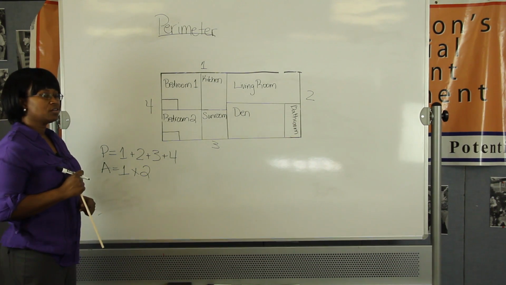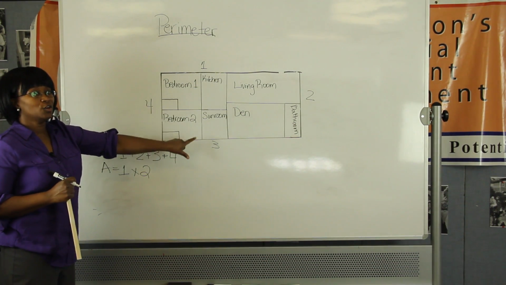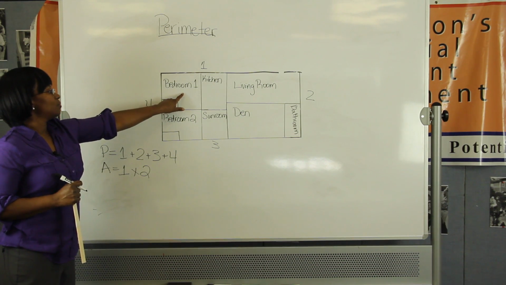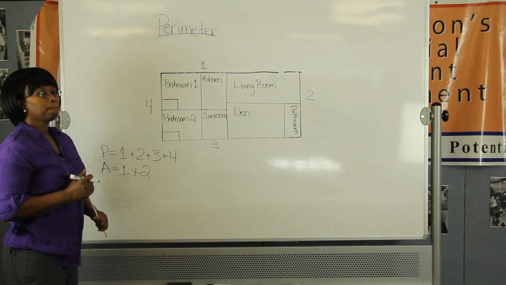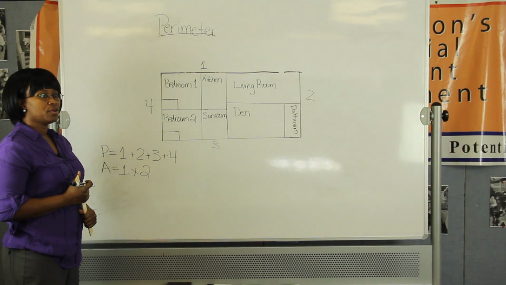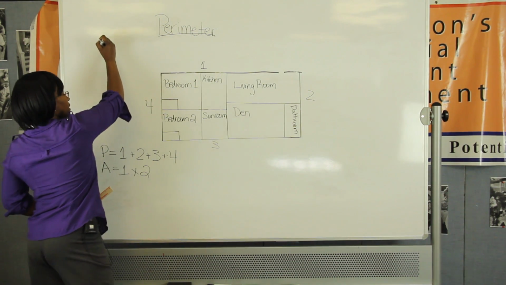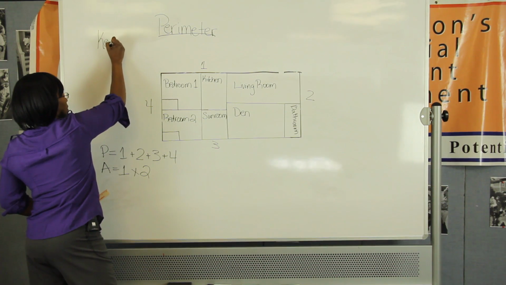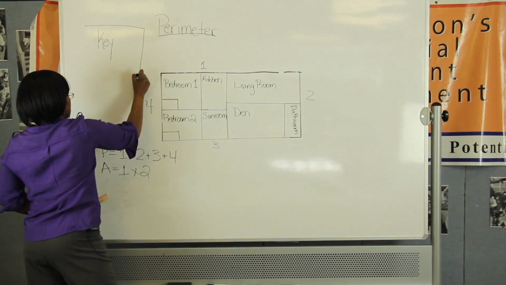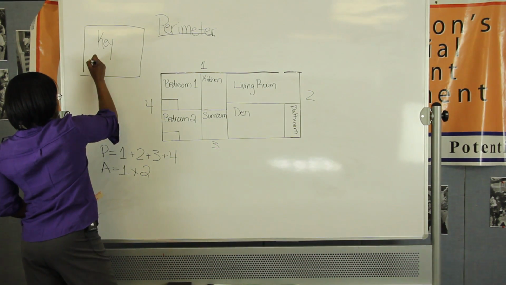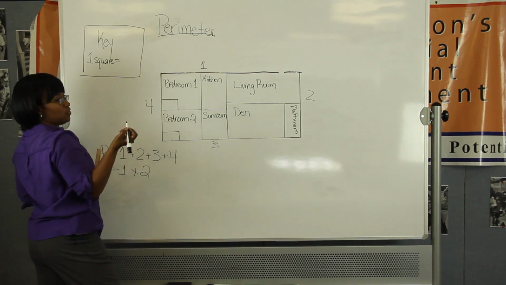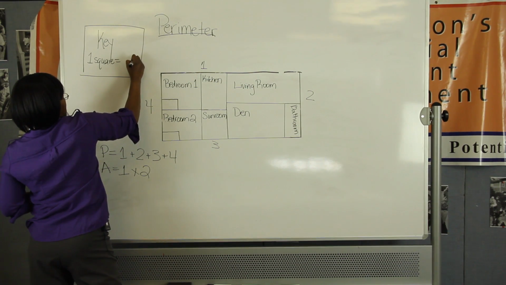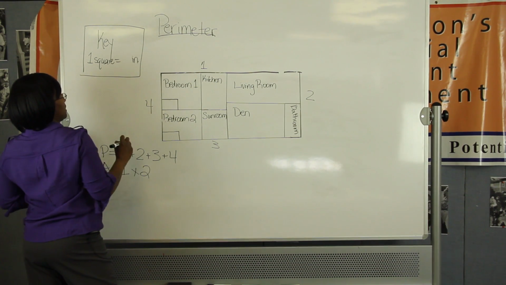But you can go a step further and you can do it for each room. And you can even put it in the box, what the area is for each room. Now, if you're using graph paper and you have squares, make sure you put a key up here in a box that tells 1 square equals, if you want to use inches, say how many inches.